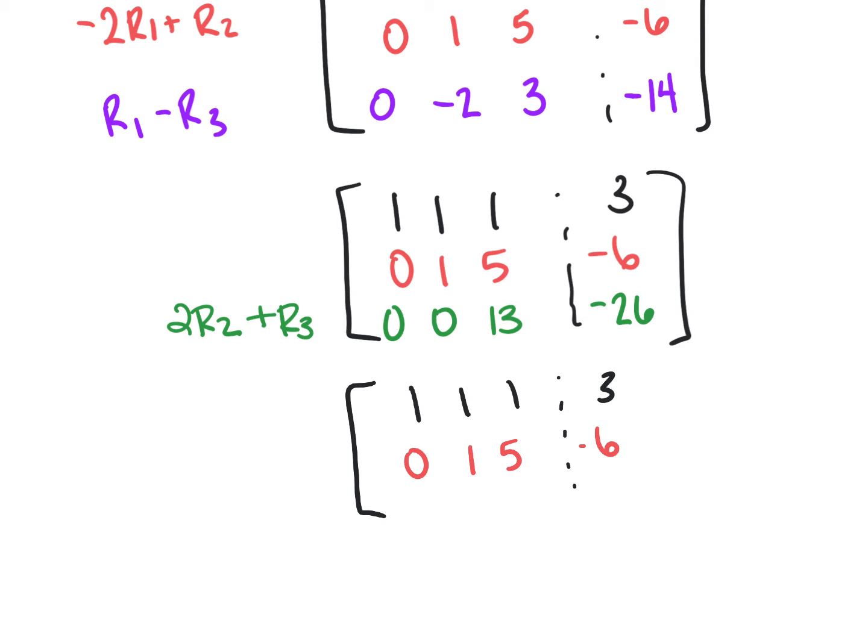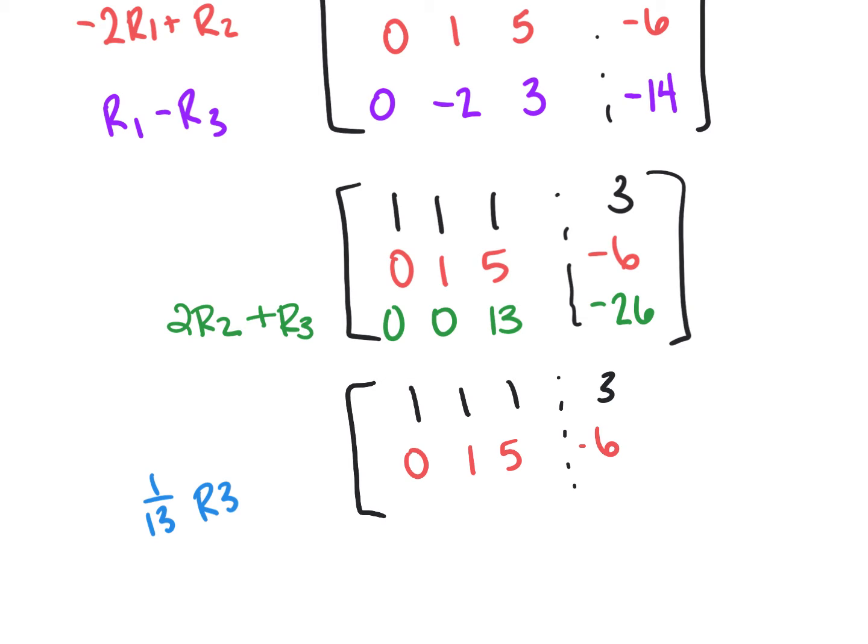And now I'm going to do R3. Technically, you multiply by 1/13. You can divide by 13 if you want to say it like that too. But that's the same process. R3 times 1/13.